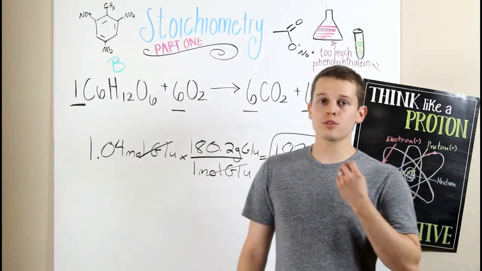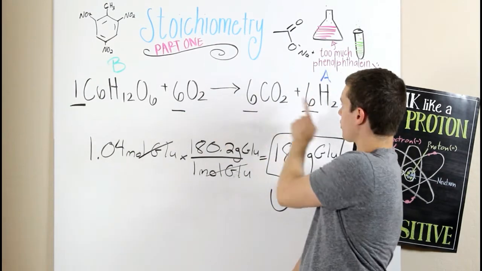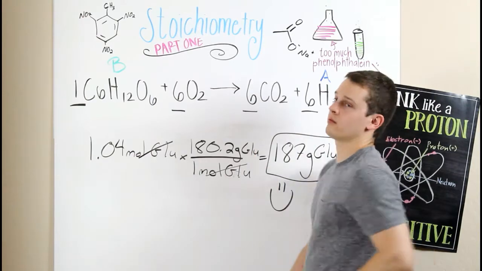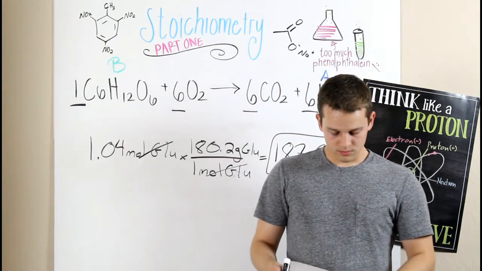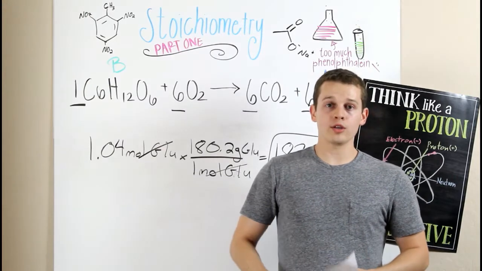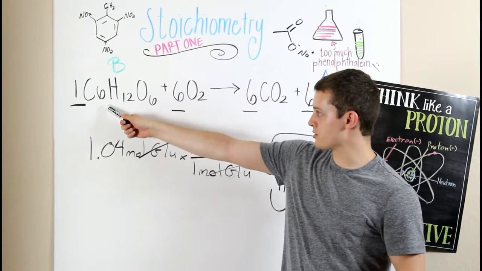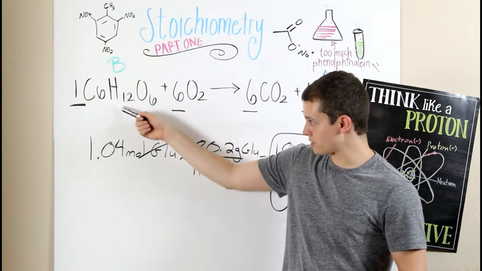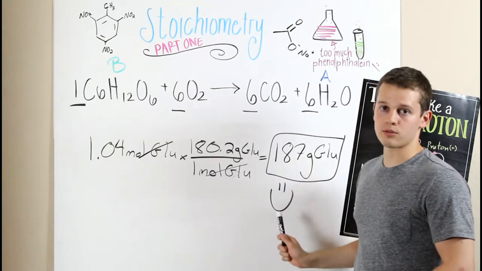Step 2, use the mole ratio of what you're solving for over what you're starting with to get moles of what you are solving for. And step 3, we're going to use the molar mass of what we have solved for. So in this case, I use the molar mass of glucose, because that's what I was looking for, to get it into grams of glucose.